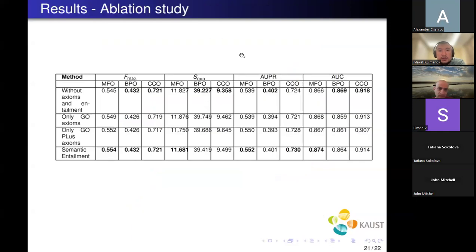So we also did some ablation study. We looked at the basic version of GO, and there's also a version of GO which is called GO Plus. It has a lot more axioms and a lot more knowledge, but since it's not EL, it's ALC, reasoning is much more complex, and I think it goes to exponential.